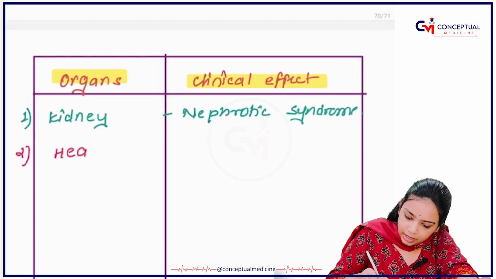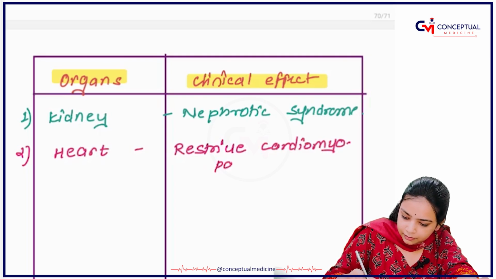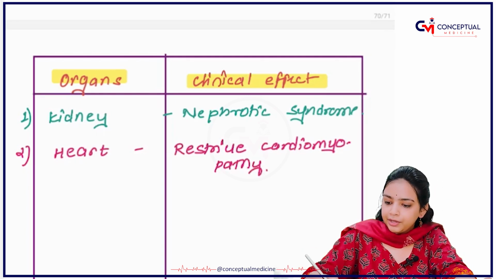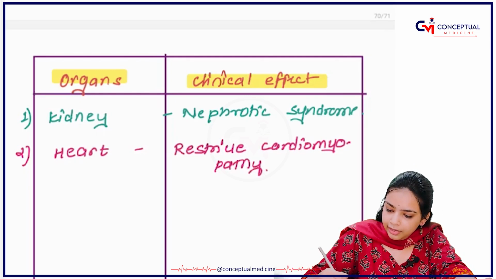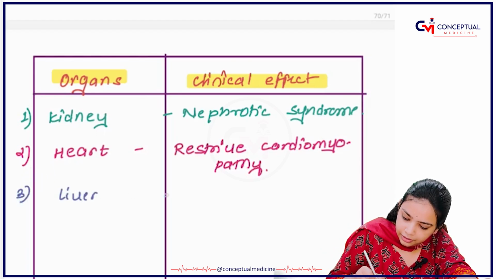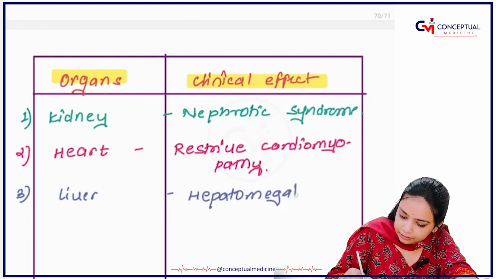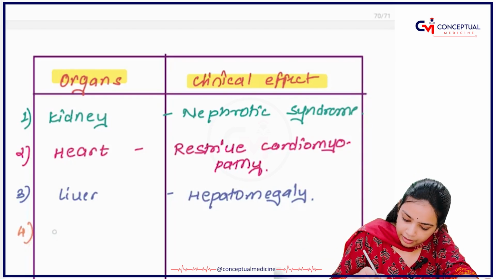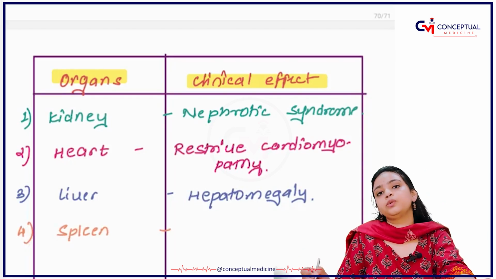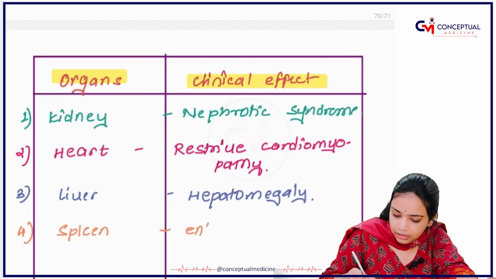Then in the heart, what you have is restrictive cardiomyopathy. Next that we have is the liver, and in the liver we all know very famous hepatomegaly. Next organ is the spleen; we all know only two things: either the spleen is ruptured or the spleen is enlarged. So here we have the enlarged one.